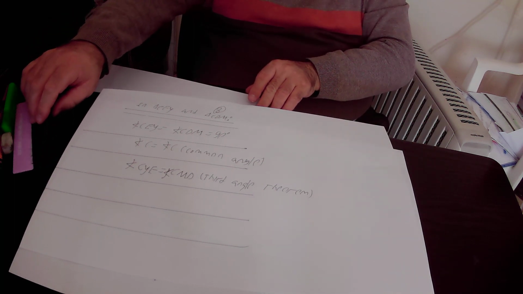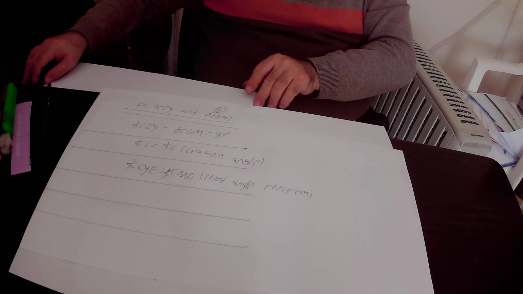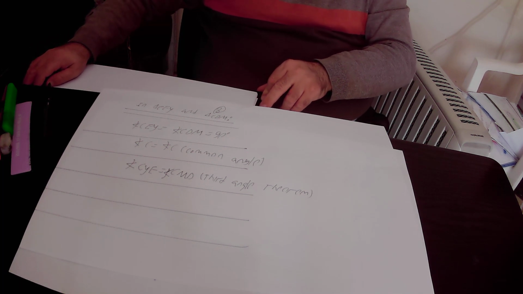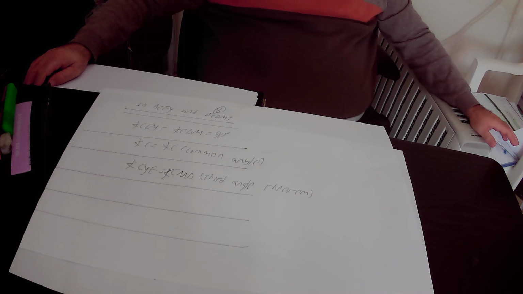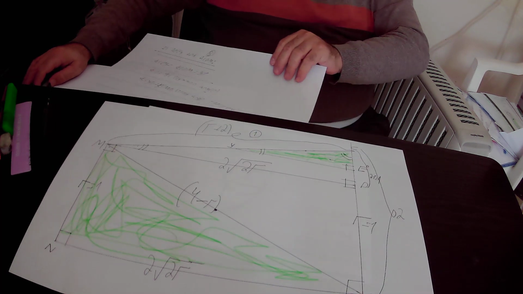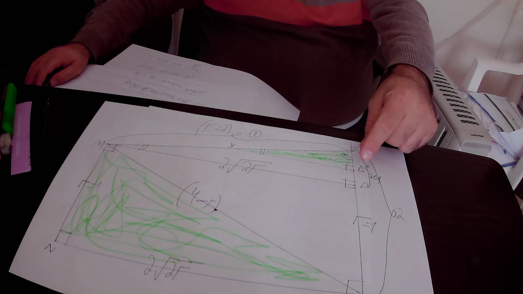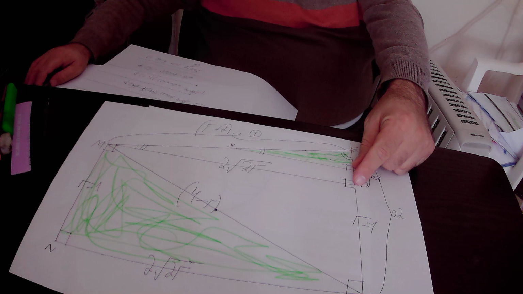So what is third angle theorem? Third angle theorem is that if two angles in one triangle are congruent to two angles in another triangle, then the third pair of angles must also be congruent. So here we have the first pair of angles that are congruent, they are both right angles.